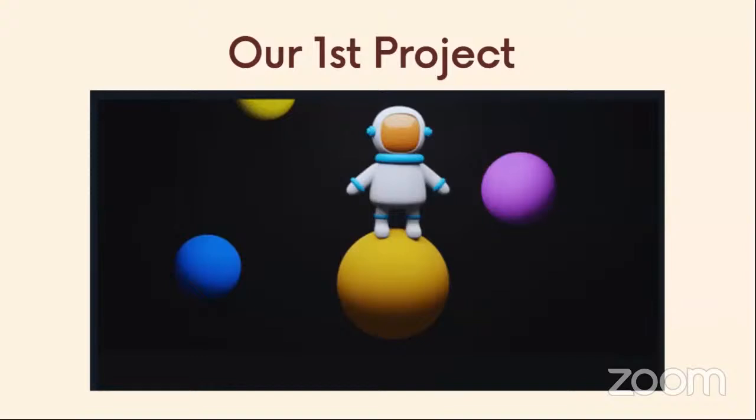We have a modifier stack in which we have a list of various modifiers, but we'll be using quite a few of them. The main two which we'll be using today are the subdivision modifier and the solidify modifier. As the name suggests, subdivision is used to divide or split the mesh, or any shape which we'll be using in the workspace, into smaller faces.